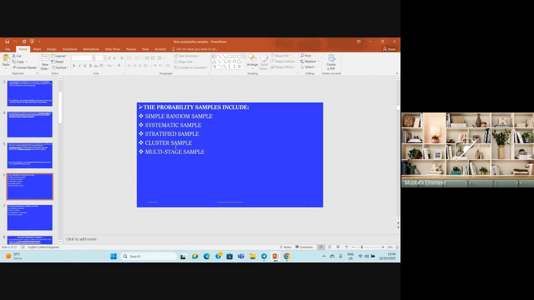The probability samples include simple random sampling, systematic sampling, stratified sampling, cluster sampling and multi-stage sampling. The non-probability samples include convenience sample, quota samples, judgment or purposive sample and snowball sample.